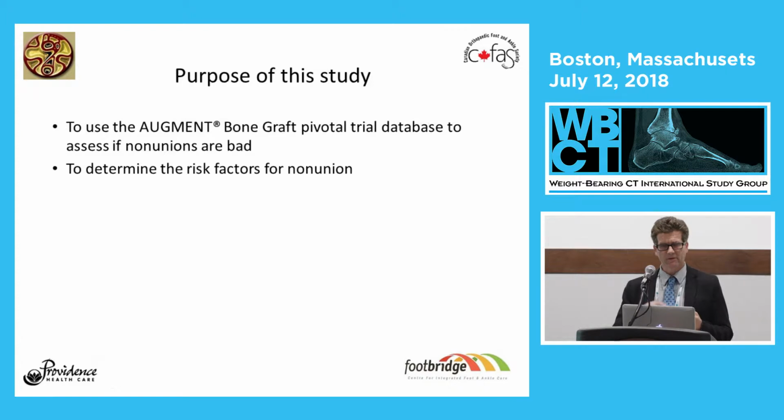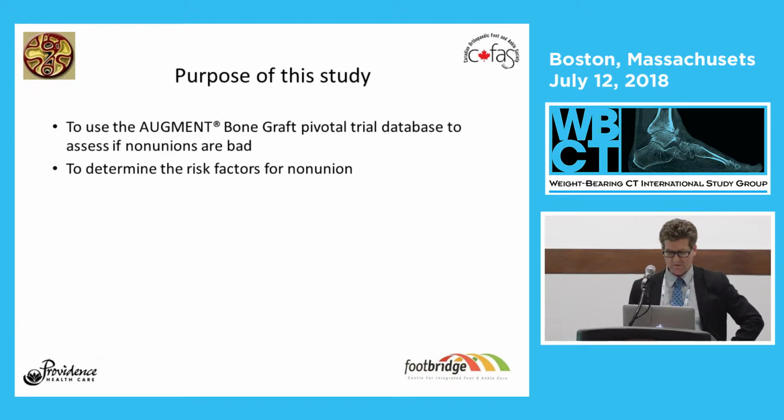So there's 4 groups: patients in which the surgeon and the CT said they were united; patients in which the surgeon said they were united but the CT said they weren't, which would fall into the asymptomatic non-union group; ones in which the CT said they were united and the surgeon said they weren't; and then the ones where both CT and the surgeon agree they were not united.